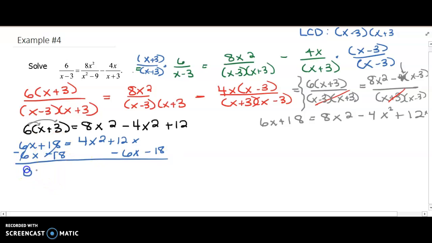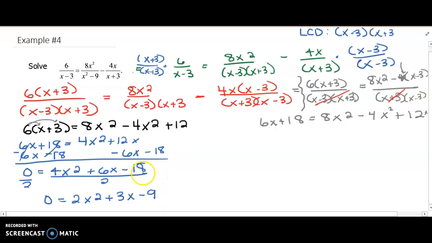Those go away, so I get 0 equals 4x squared plus 6x minus 18. Okay, notice all of these are divisible by 2, so I could divide both sides by 2, perfectly legal. I get 0 equals 2x squared plus 3x minus 9.